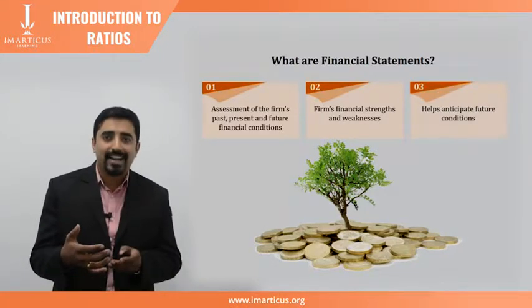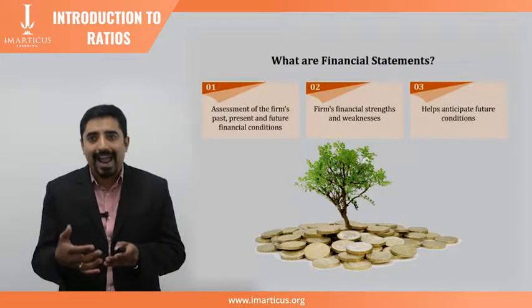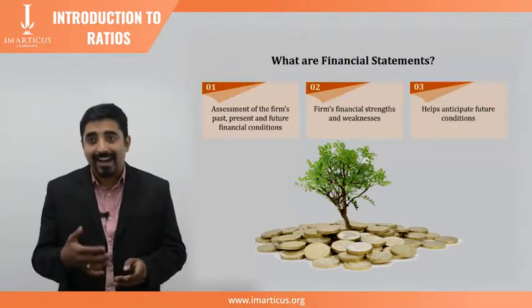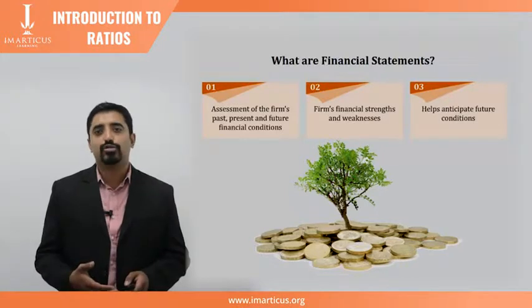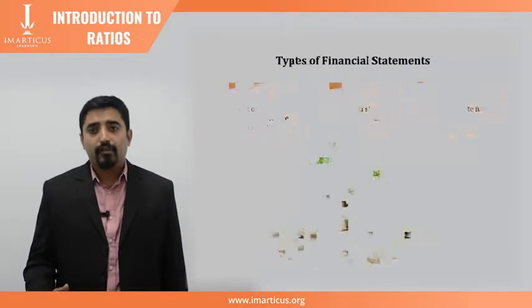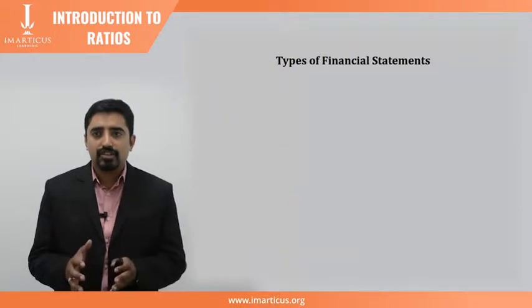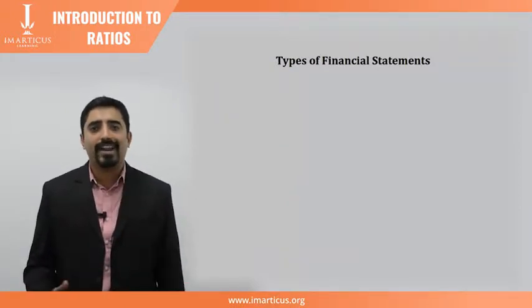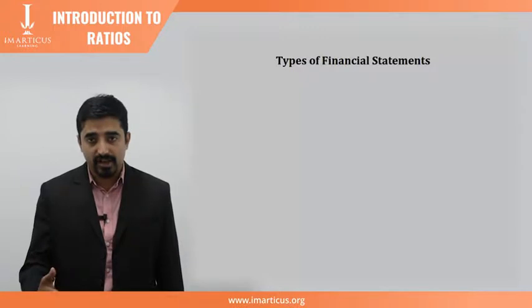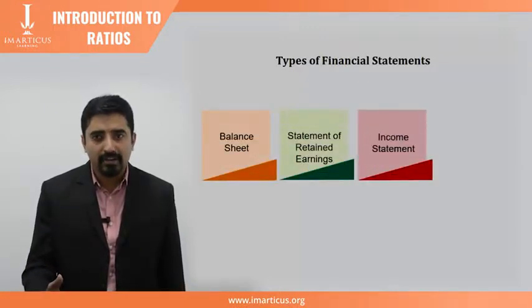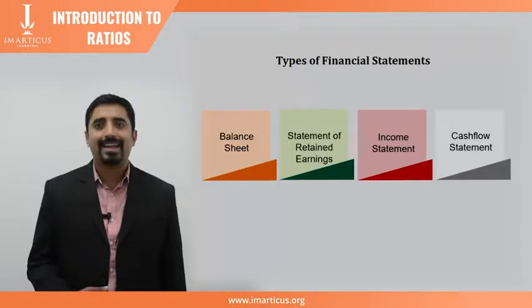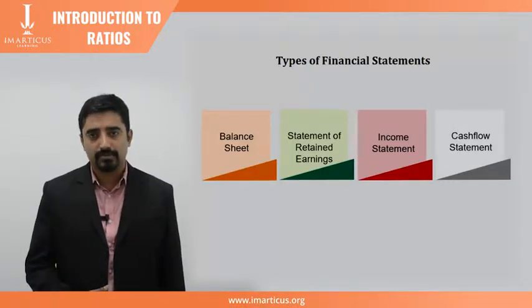Management uses financial statements to help anticipate future conditions and act as a starting point for planning actions that will affect future events. There are 4 financial statements which give us a holistic picture about the financial health of the company. They are balance sheet, statement of retained earnings, income statement, and the cash flow statement.